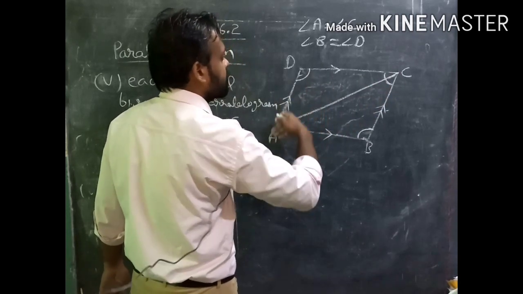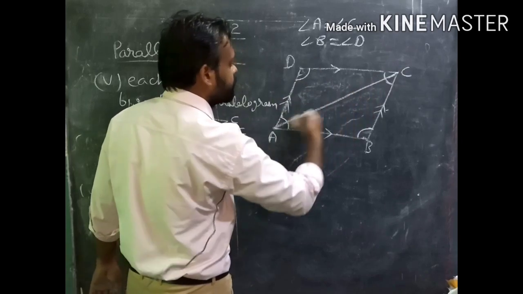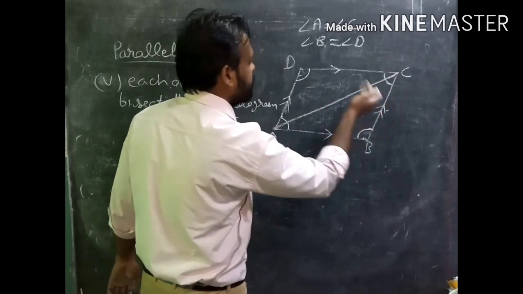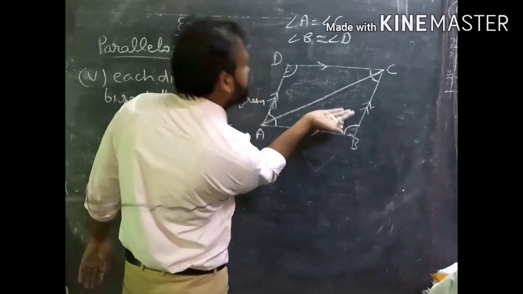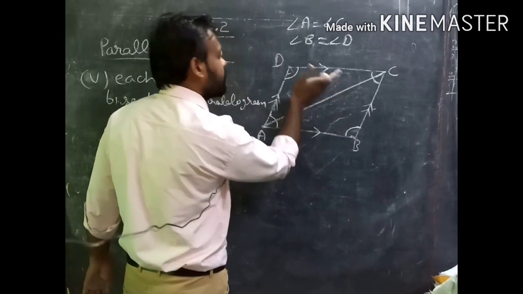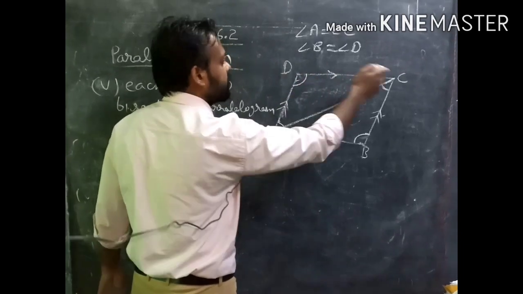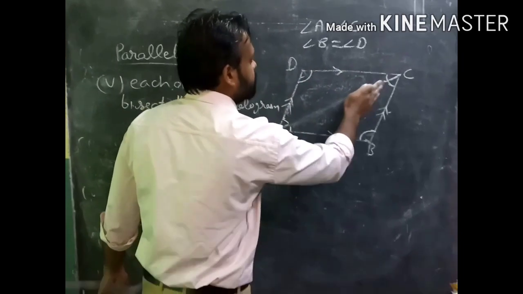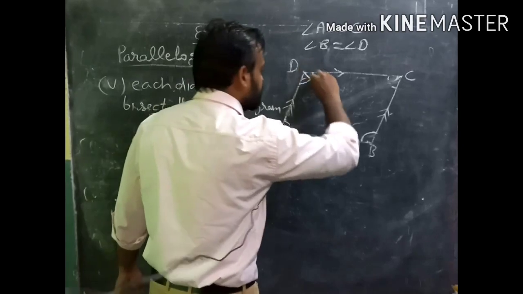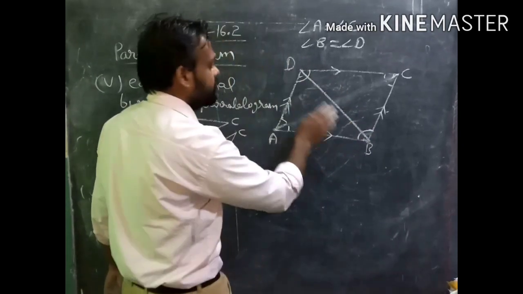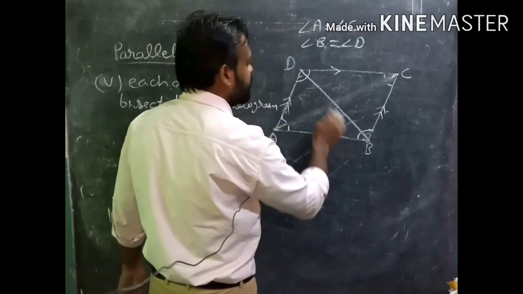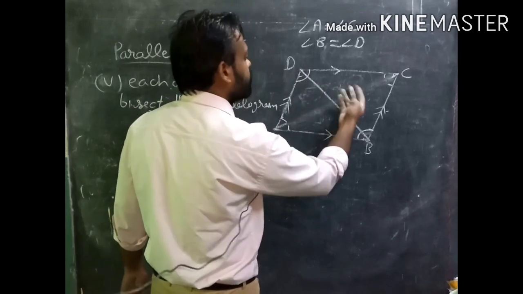It also means the area of this ADC triangle is equal to ABC triangle, and if I take this ABC and fold it like this, then it will completely overlap or cover this triangle ADC. The same thing will happen if I draw this diagonal BD like this. Again this BD diagonal is dividing this parallelogram into two equal parts.